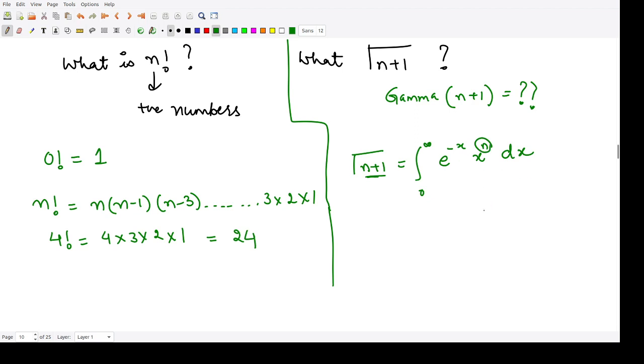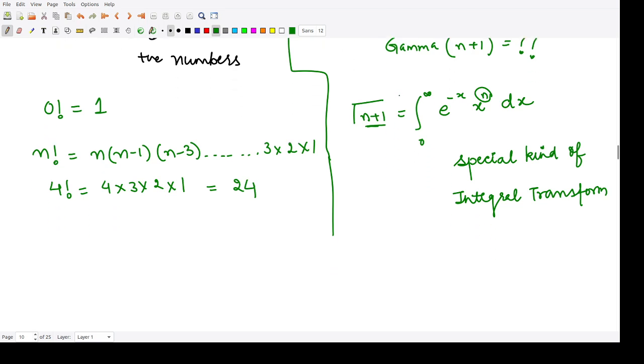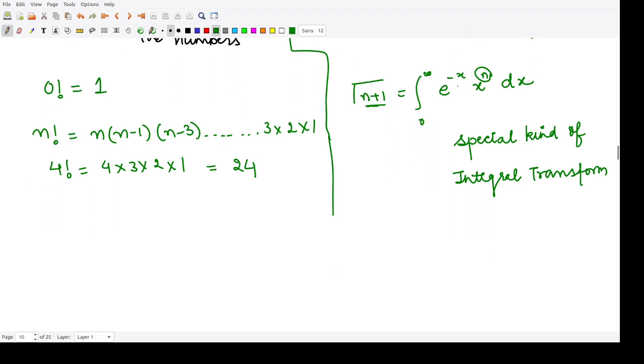This is a special kind of integral transform. But because we are dealing with calculations of gamma of n plus 1, we will study some of its properties that would be useful in the calculation of this gamma.